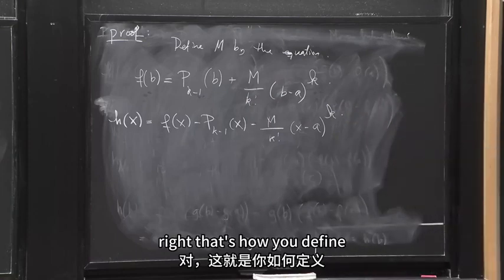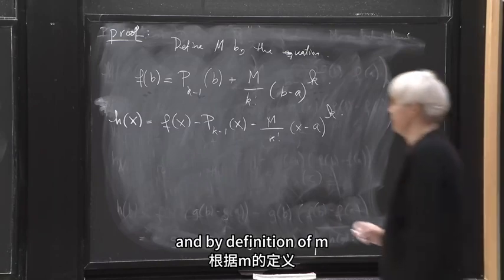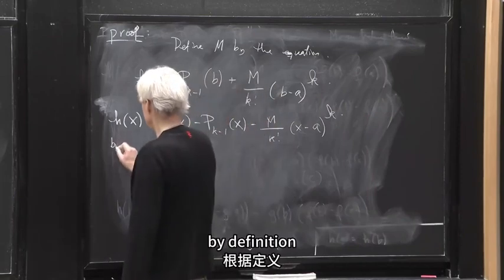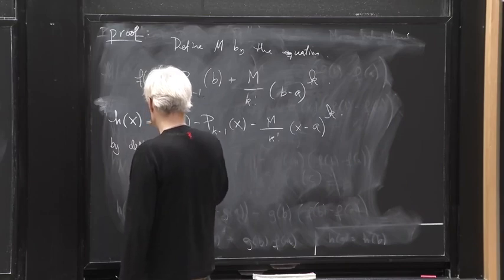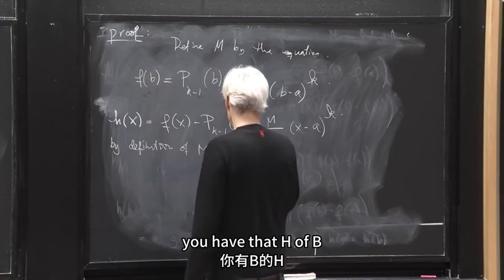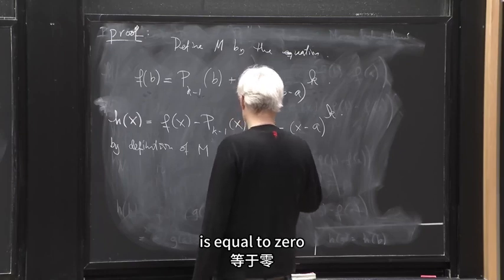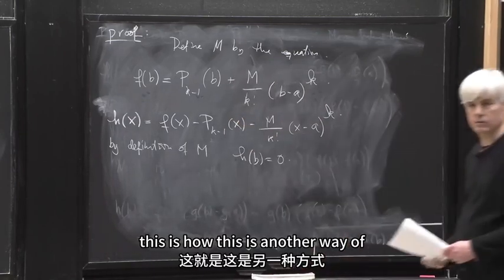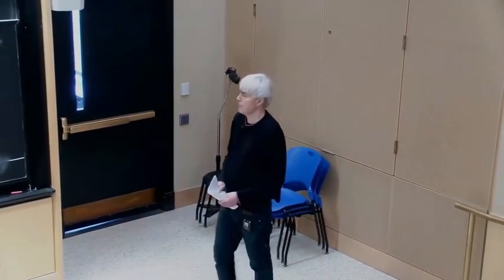That's how you define h. And by definition of m, you have that h of b is equal to 0. This is another way of saying how we defined m.